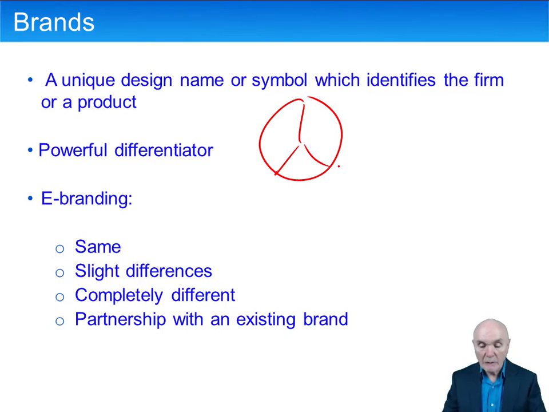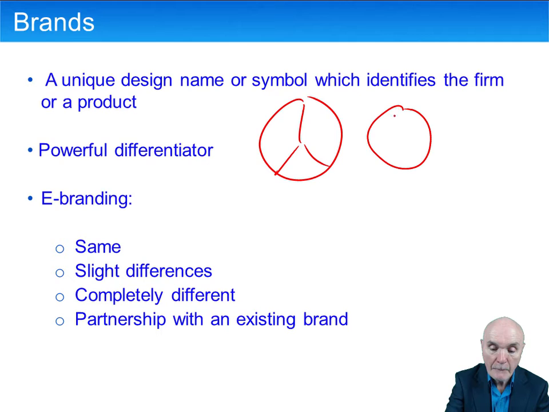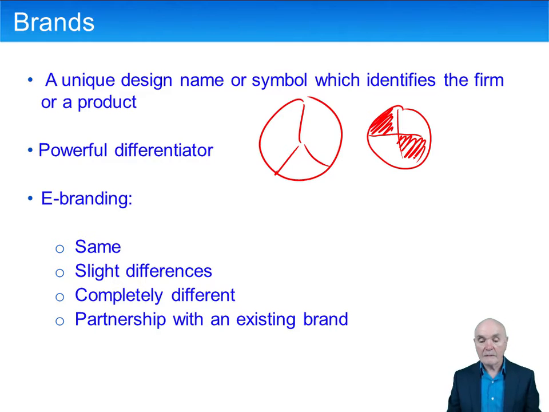Another one that we might look at on cars is one a bit like that. It will be blue and black, and that will be BMW. Nearly every company has some sort of brand identifier or brand name.